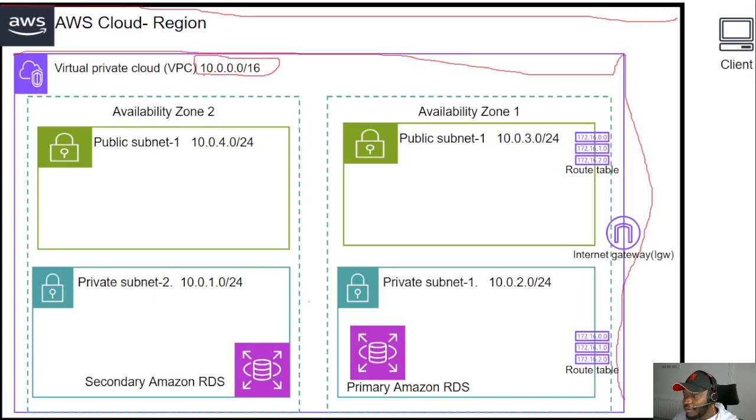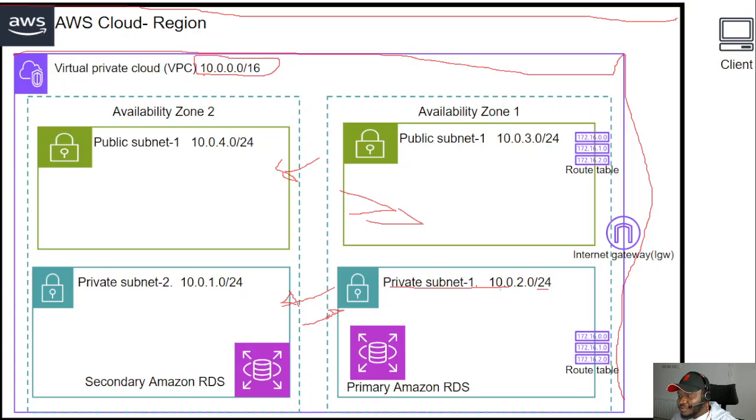Then we're going to have two private subnets, right? And we're going to have two public subnets, right? You see the way I arrange my subnets. Look at my first private subnet. It is 10.0.2.0, CIDR range 24.